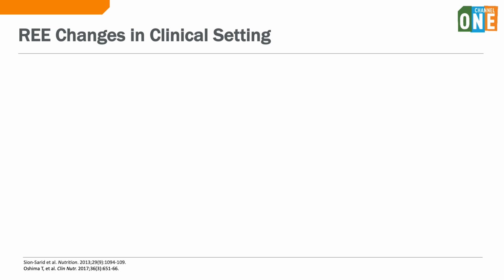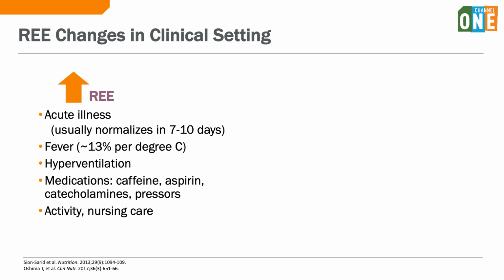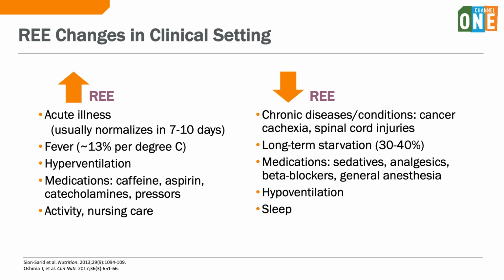Most studies come to the same conclusion. Current predictive equations do not accurately predict REE in critically ill children. Factors that may influence energy expenditure during acute or critical illness may substantially affect REE measurements. REE is higher with fever or certain medications and lower with other medications and factors. These clinical factors may lead to unpredictable and widely variable REEs over the course of a hospitalization.